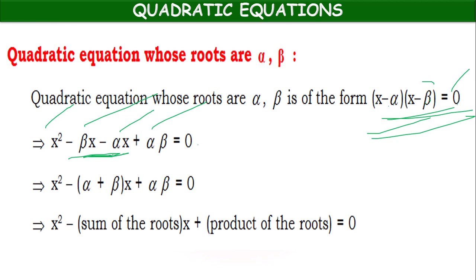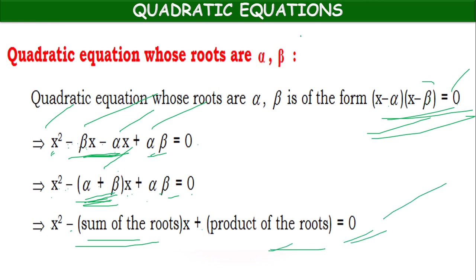From these two terms, if we take minus x as common, x square term, minus x we have taken common, here beta is remaining, the symbol will change, plus beta will remain, here alpha will remain. Beta plus alpha, alpha plus beta, both are same, plus alpha beta equals 0. Means x square minus, what is this? Sum of roots into x plus product of roots equals 0.